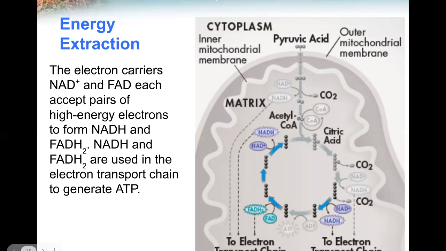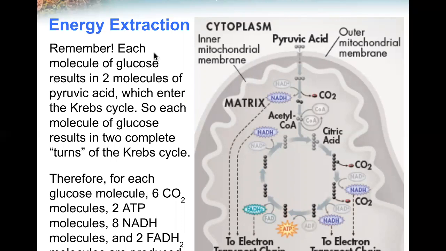NADH and FADH2 are used in the electron transport chain to generate ATP. The electron transport chain is the third portion of cellular respiration. Remember, each molecule of glucose results in 2 molecules of pyruvic acid, which enters the Krebs cycle. So each molecule of glucose results in 2 complete turns of the Krebs cycle.